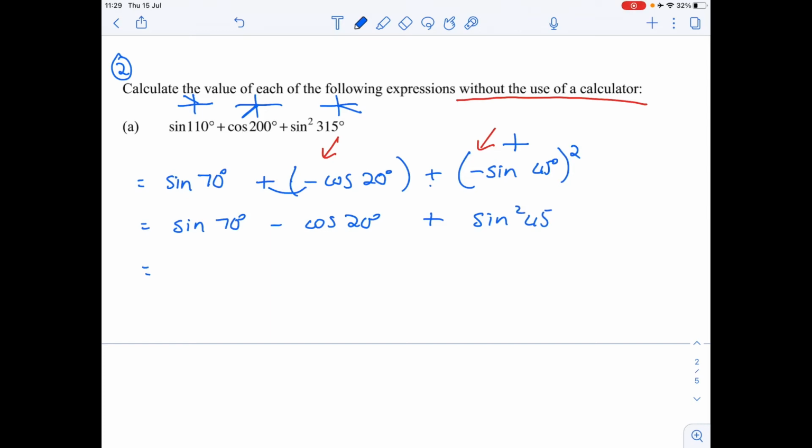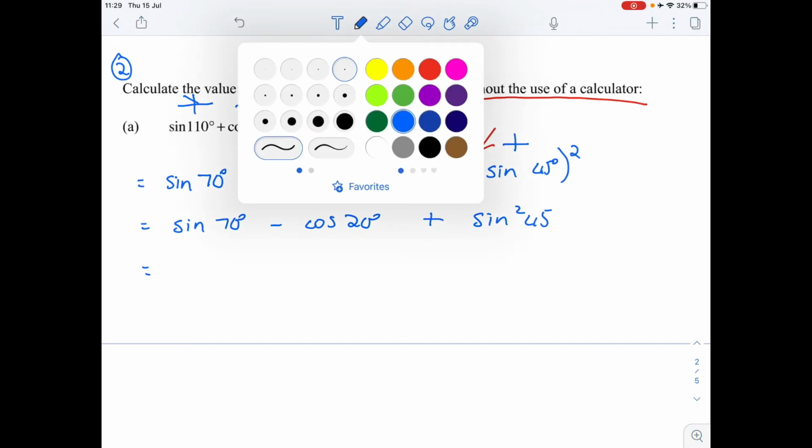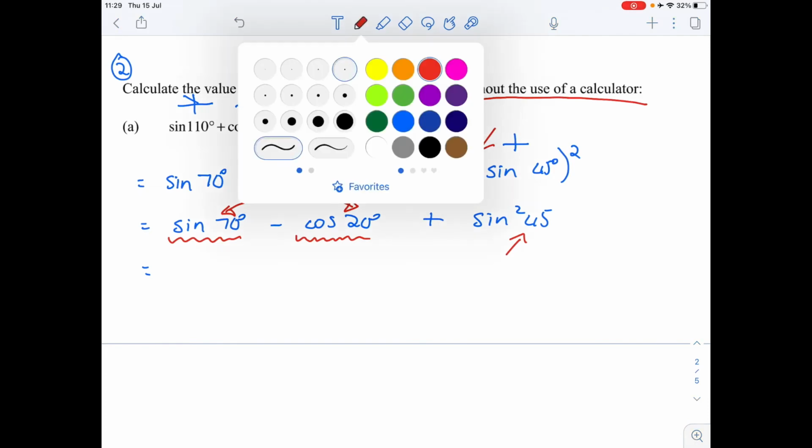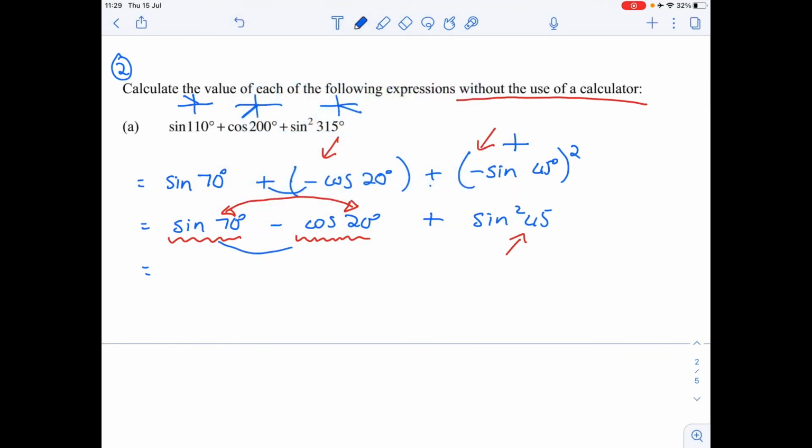So now you look at this and you think, okay, this one here is a special angle, so that's no problem. But now we've got an interesting thing here, because I'm sure this can reduce further. And I hope you've spotted that these here are co-ratios, because 70 and 90 are complementary angles and sine and cos are co-ratios.